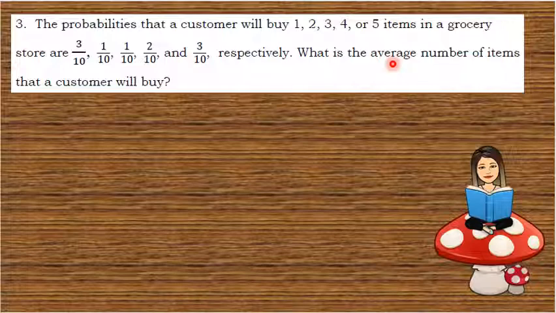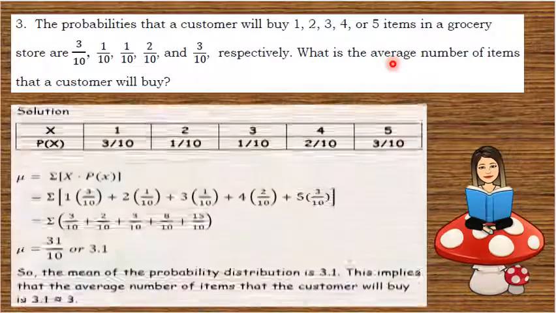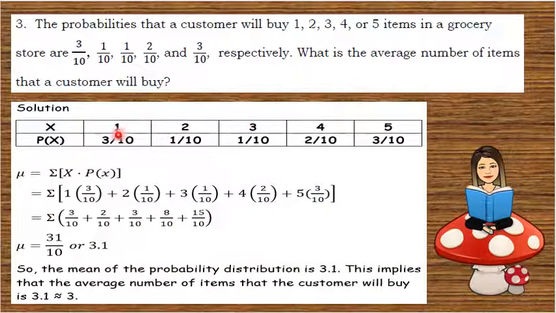Therefore, again, we want to find the mean. For our solution, here is our probability distribution table. We have the values for x, 1, 2, 3, 4, and 5. And for our p of x, we have 3/10, 1/10, 1/10, 2/10, and 3/10. So, solve for the average or the mean.